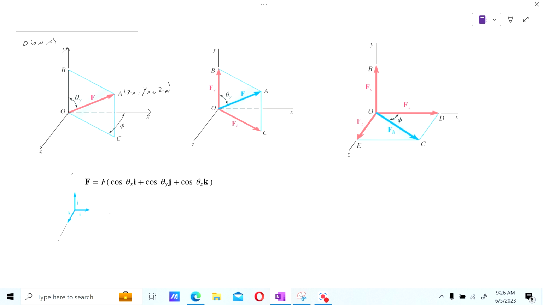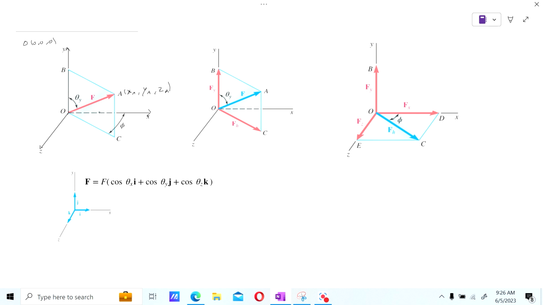The coordinates are right there. They're telling us that they have an angle phi with respect to x and theta y with respect to y. The force is given and the projection is like so.